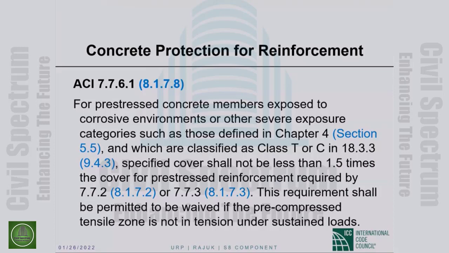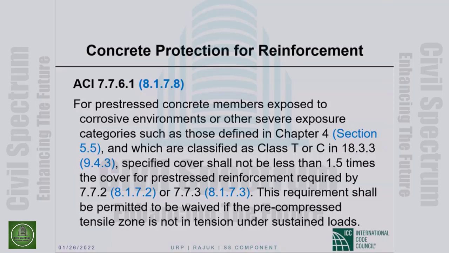Anyway, the tensile stress under service level loads going beyond 7.5 square root of f sub c prime, as I recall, in our units, will make a member a class C, cracked member.